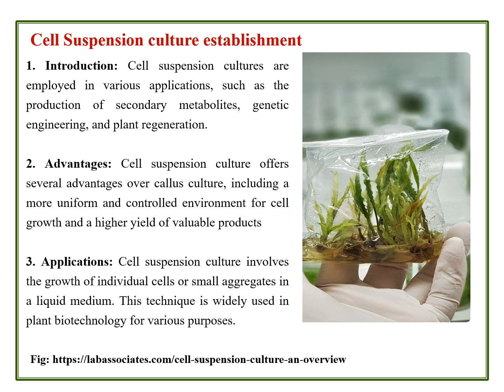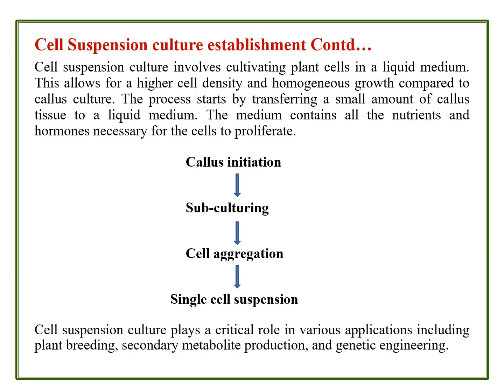So cell suspension cultures involve the growth of individual cells or small aggregates in liquid medium. This technique is widely used in plant biotechnology for various purposes. Cell suspension culture establishment: how can cell suspensions be established?